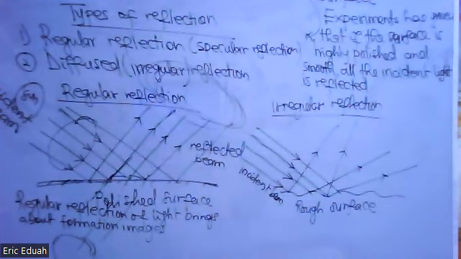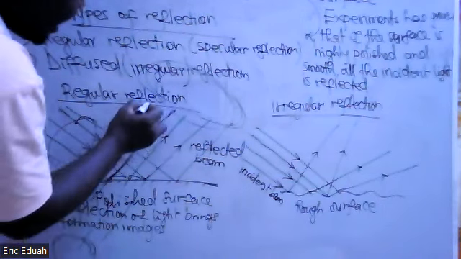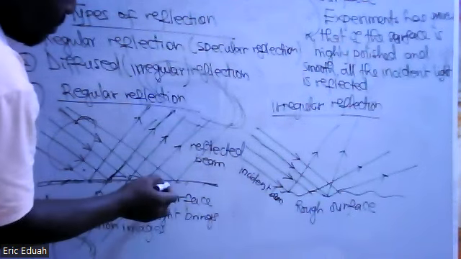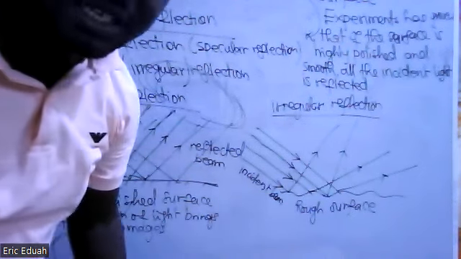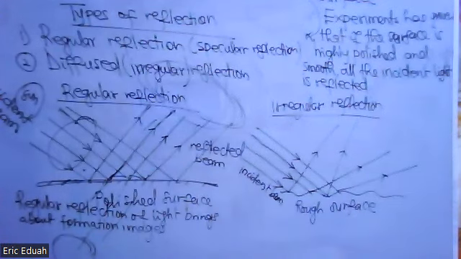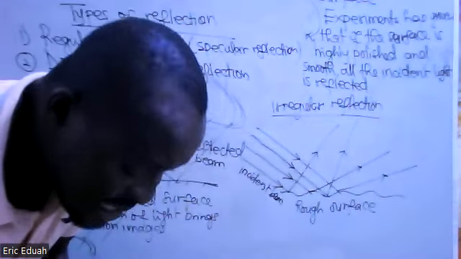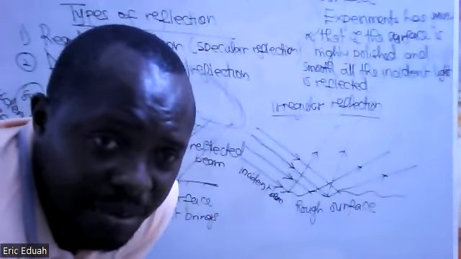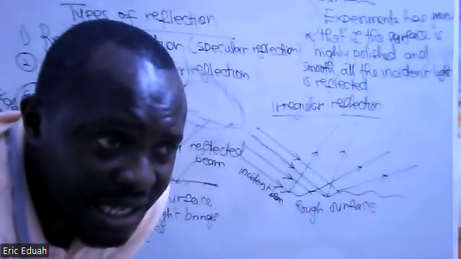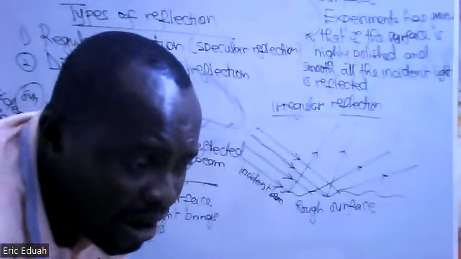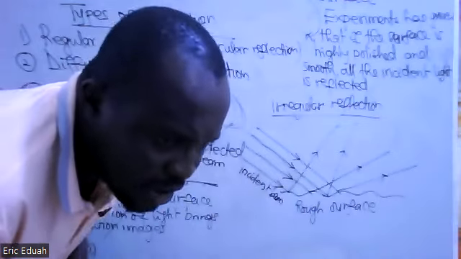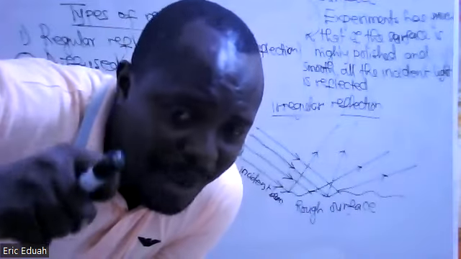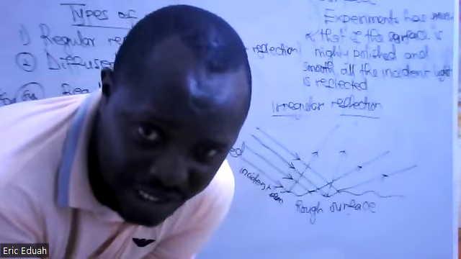Now, if you are not within the path of the incident and the reflected beam, it means you cannot receive light. Somebody can be sitting under a tree, or under his or her garage, or anywhere, meaning in such a position you cannot directly be within the path of either the incident or the reflected.